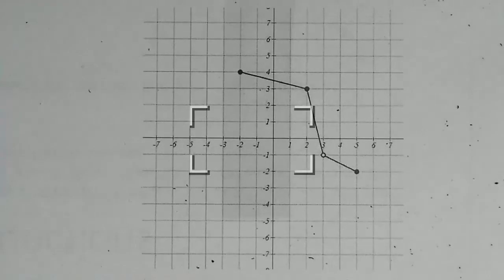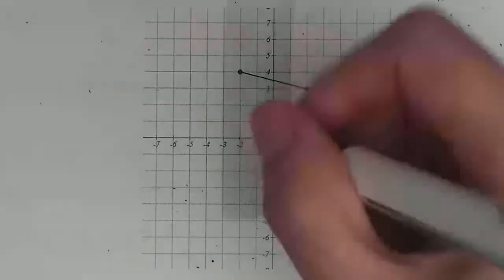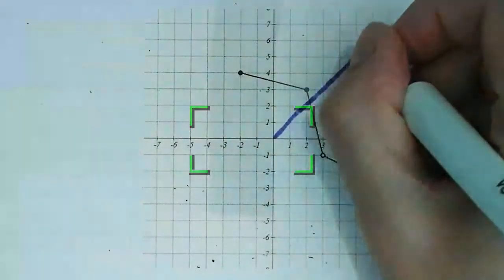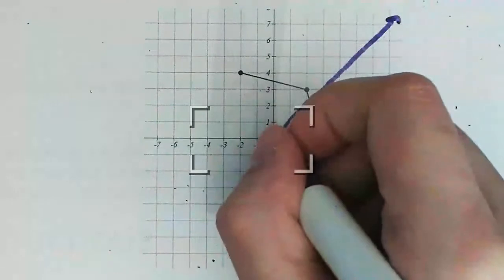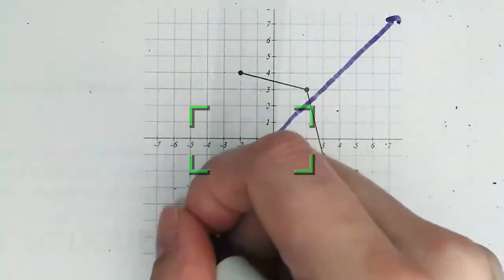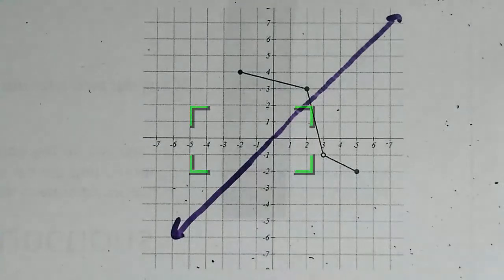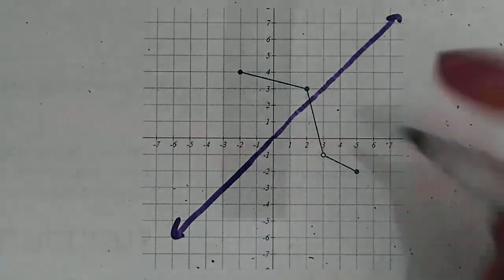Next up, we have this graph here. Again, I want to reflect it over the line y equals x. And we learned that we can just exchange the x and y coordinate values.